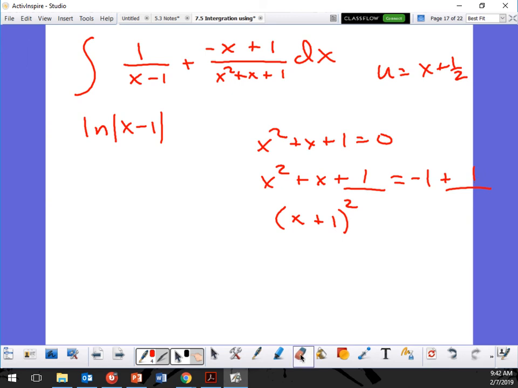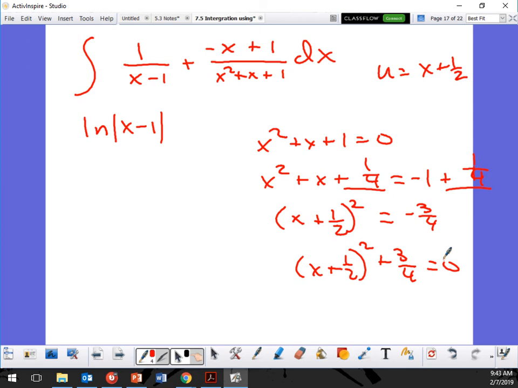B divided by 2, so 1 over 2 squared is 1 over 4. So I add 1 over 4 to both sides, and this is 1 over 2 squared, and then as I add that, that's equal to negative 3 over 4. So now this turned into x plus 1/2 squared plus 3 over 4 equals 0. So that's the factors of that using completing the square.